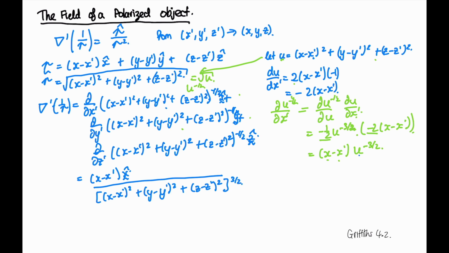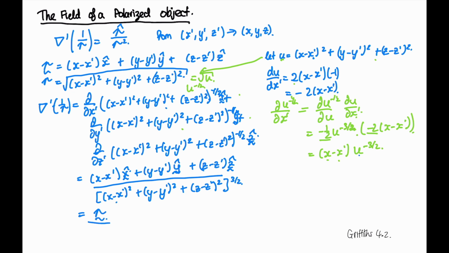And this will be plus y minus y prime y plus z minus z prime z. Okay, so on the top, we have got this vector here, our curly r vector.